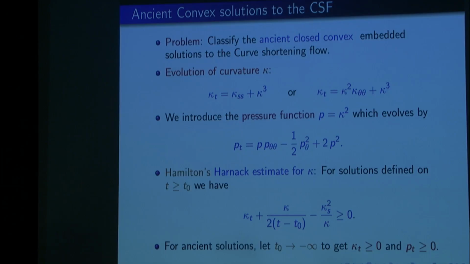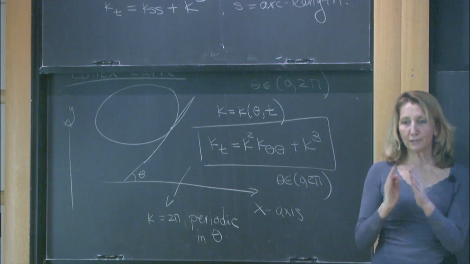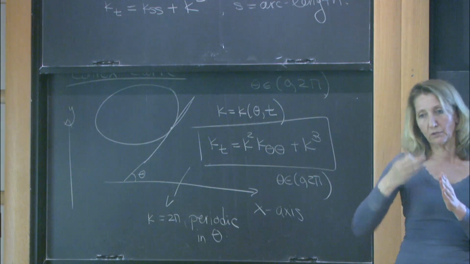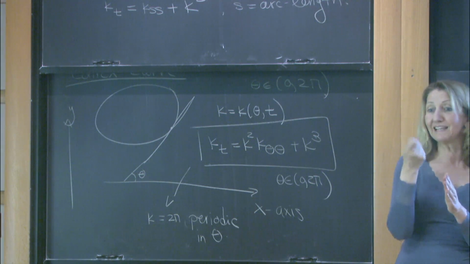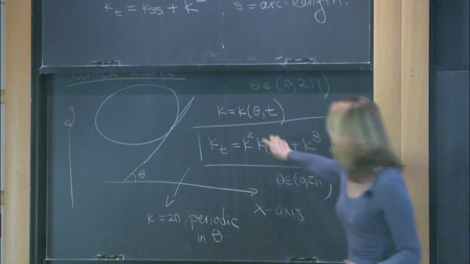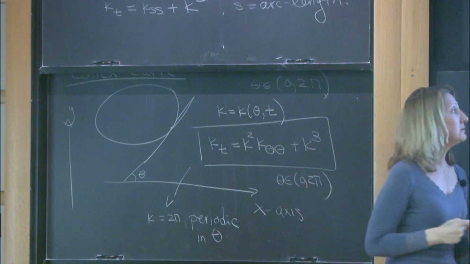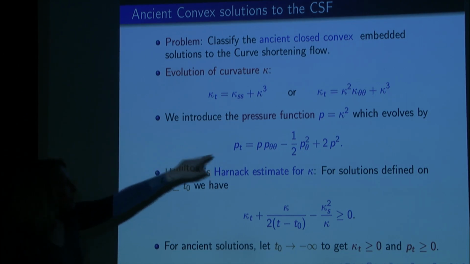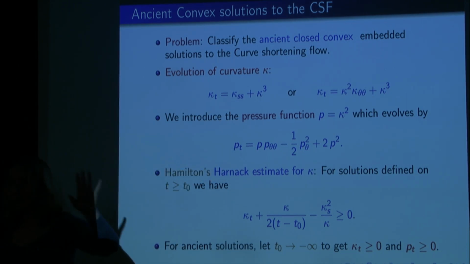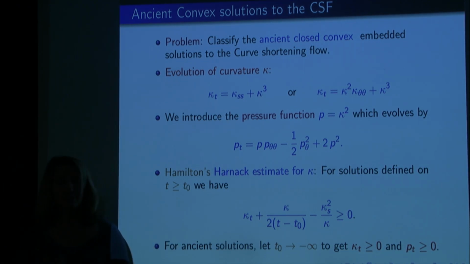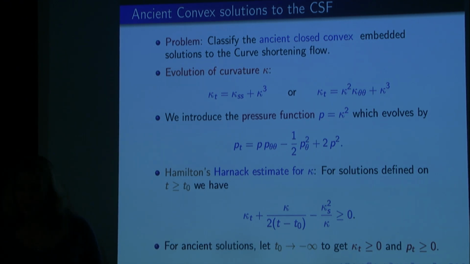Now, because this has a kappa squared, when you do calculations it's much handier to have a linear quantity, with exponent 1. The natural quantity to introduce is the so-called pressure. The name pressure comes from the porous medium equation, which describes the pressure of a gas through a porous medium.